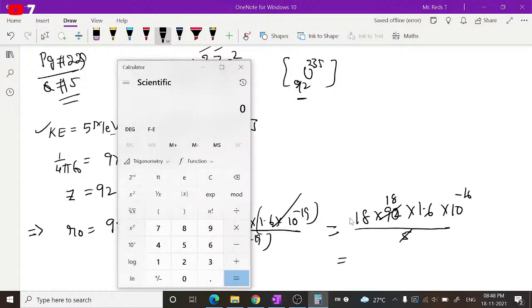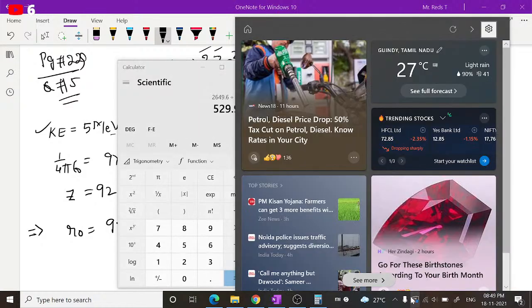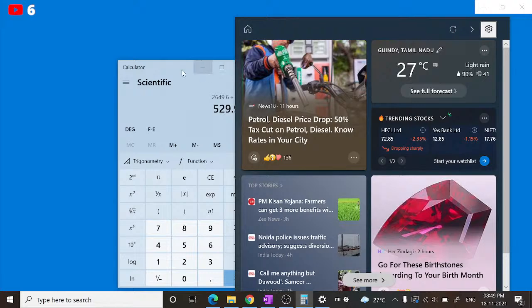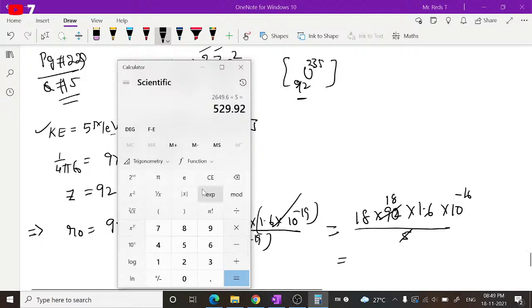But let us see the exact value: 18 into 92 into 1.6 divided by 5 is equal to, just a second, yeah, it is equal to 529 into 10 power minus 16.